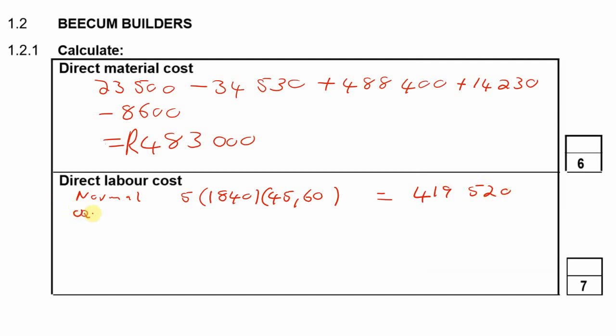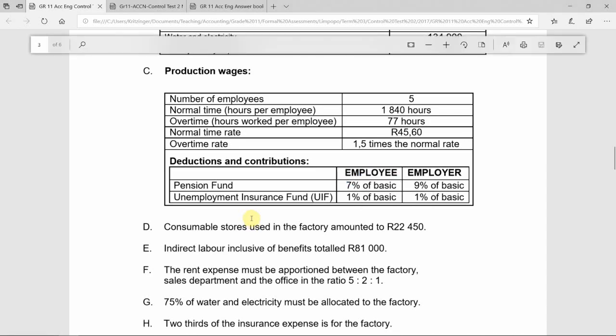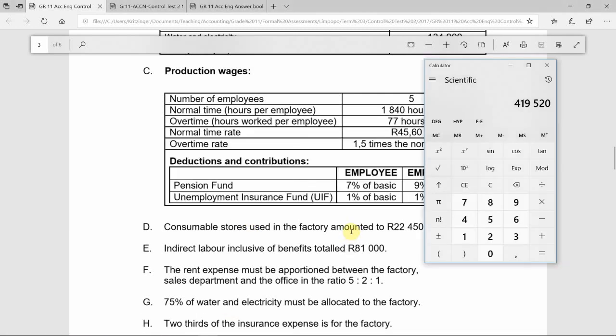Then we still have to calculate overtime. So for overtime, we have overtime hours worked per employee. So it's 77 times 5 to get the total overtime hours. So we have 77 times 5.